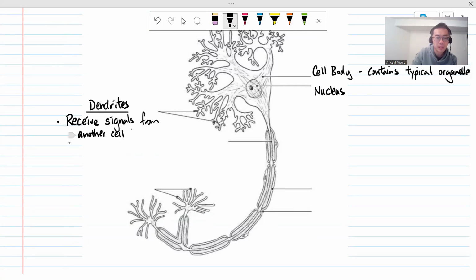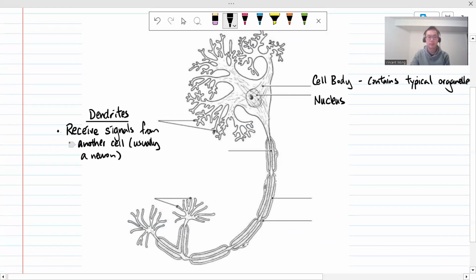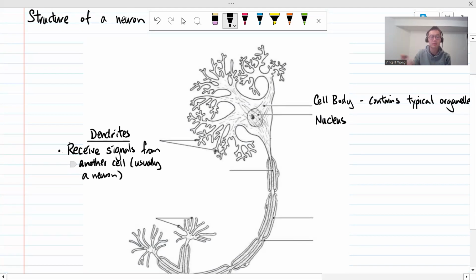Usually a neuron, but it doesn't have to be. I'll explain what that means later on. So it will receive signal from another cell.